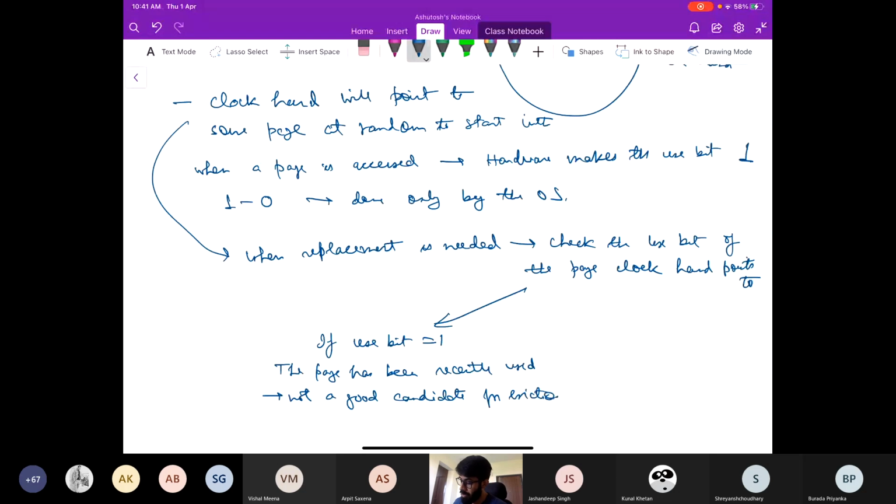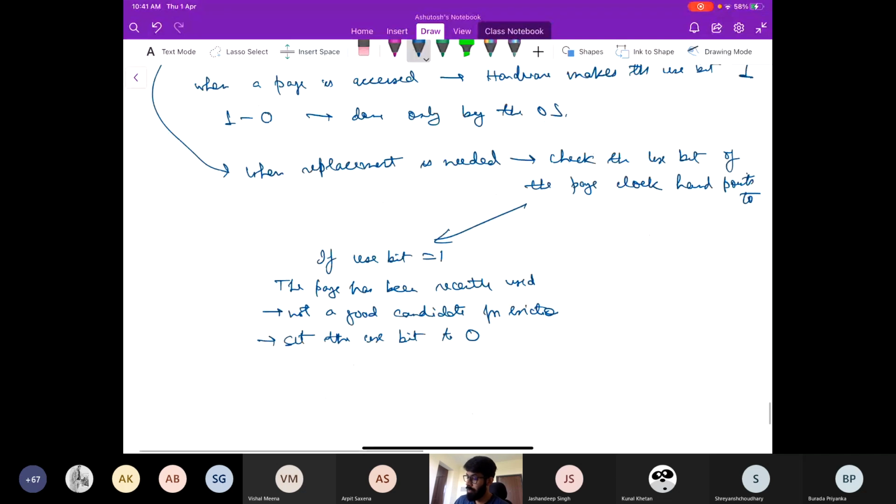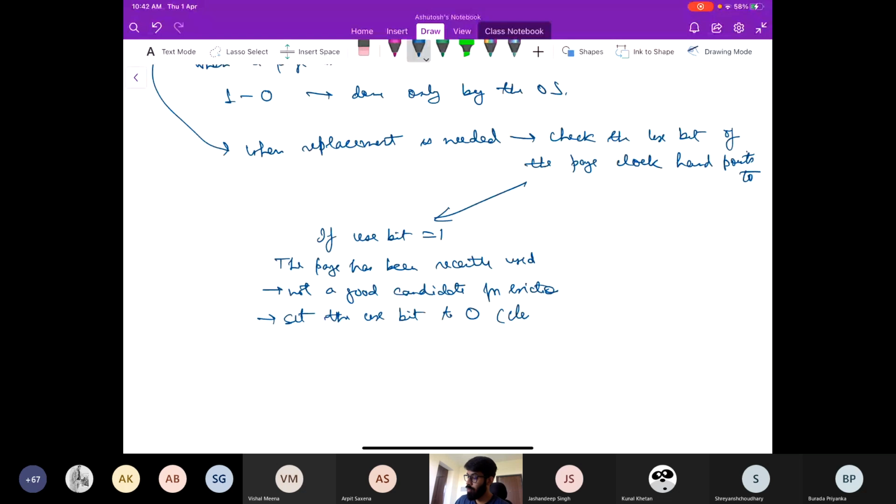So it will just set the use bit to 0. It's called clearing the use bit. And then check the next page in the circular list.